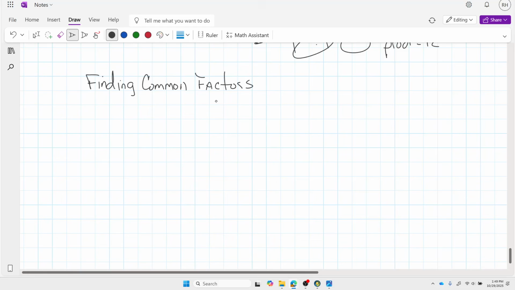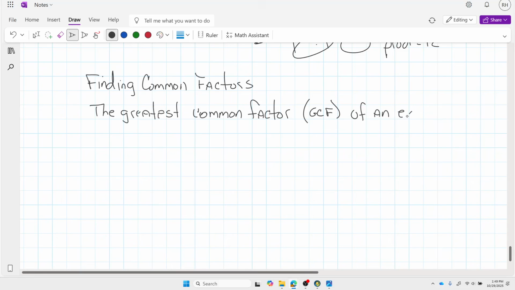And specifically, the greatest common factor, GCF, of an expression is a common factor of the terms in the expression.